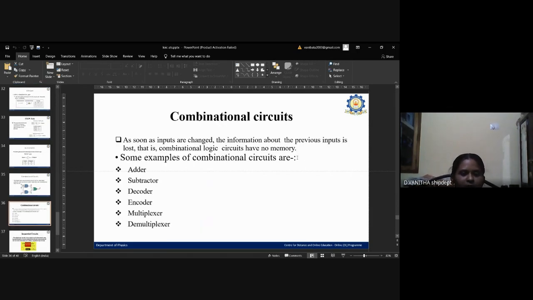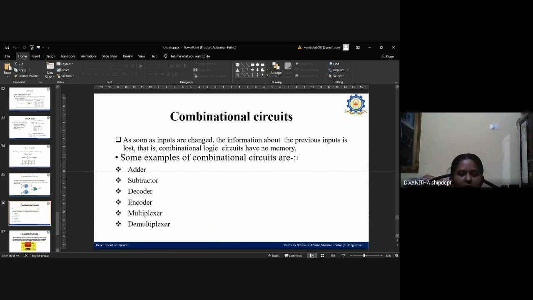Combinational circuits are classified into different types. As soon as the inputs of a combinational circuit are changed, the information about the previous inputs is lost.